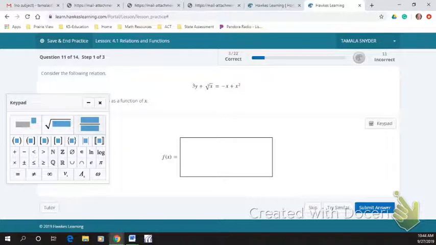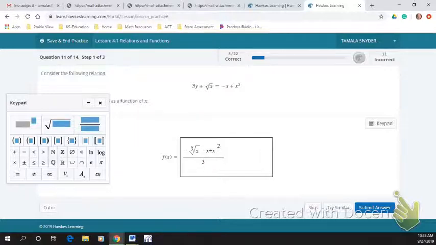I'm going to move this thing over here, so that's going to be a negative cube root of 3x, and then I'm going to have a minus x outside of that, and an x squared. And then that's all going to be over a 3 if I divide by 3.